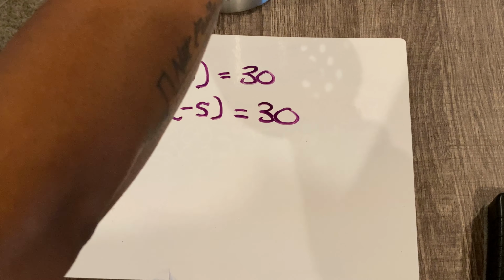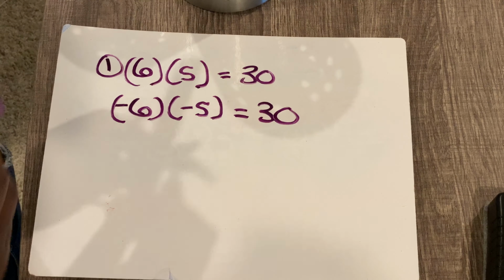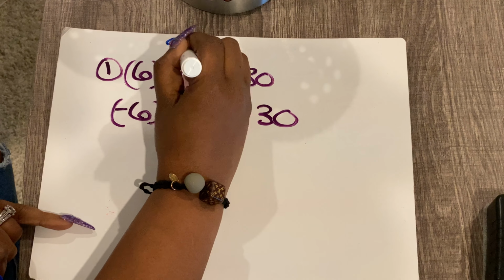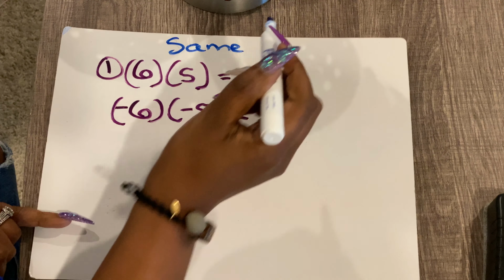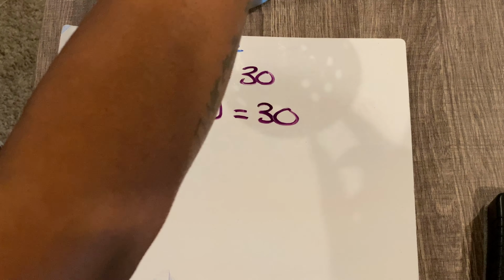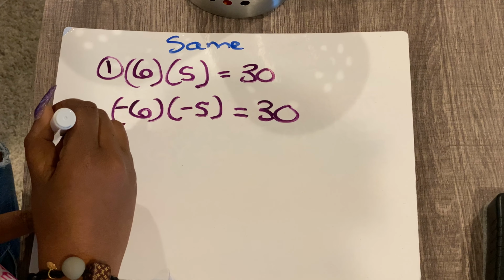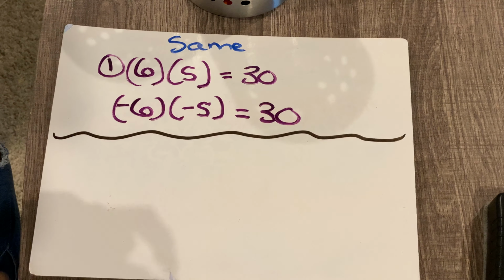Let's look at if I were to do different. So up here, this is our same sign. We'll draw a little line underneath so we can separate these.